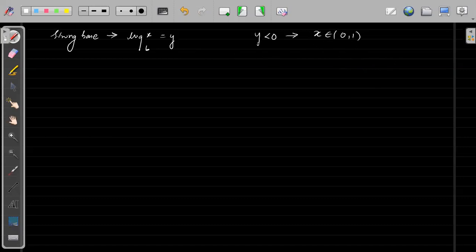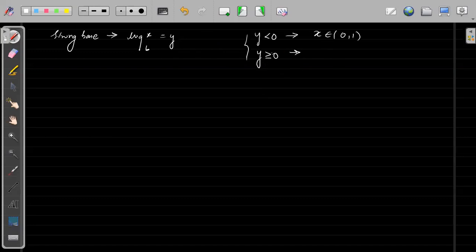So first thing is that I'm saying y less than 0. What will be the domain of x for y greater than or equal to 0? X is 0 to 1, it will be negative.